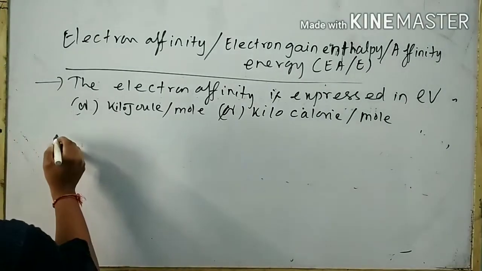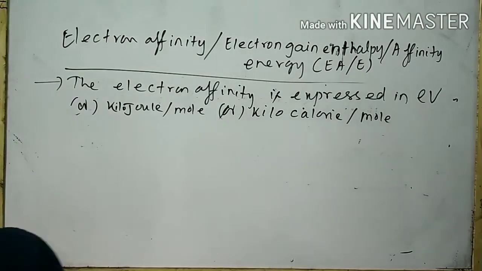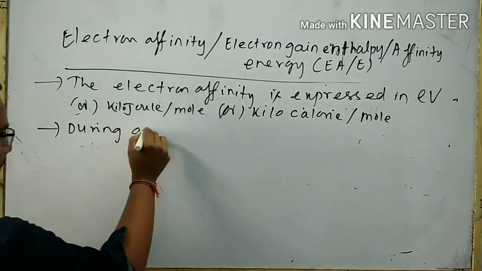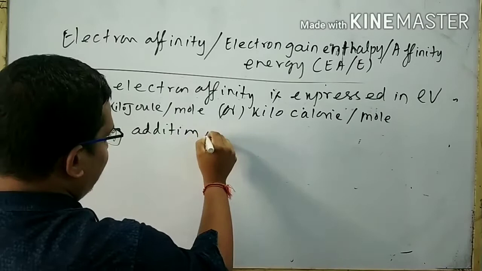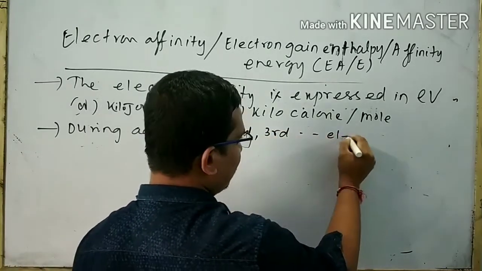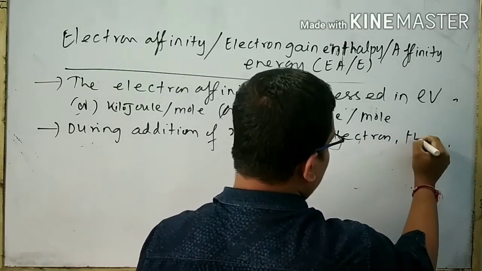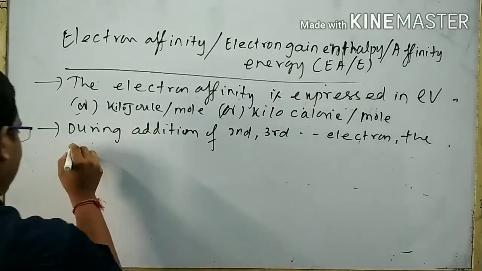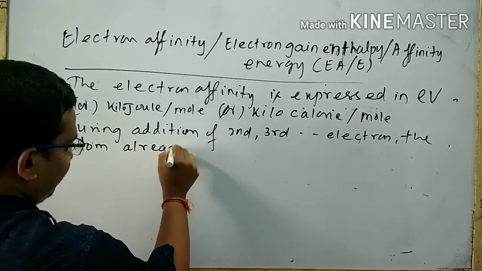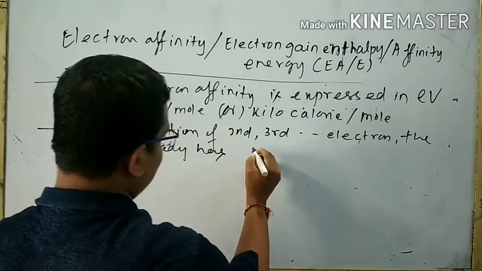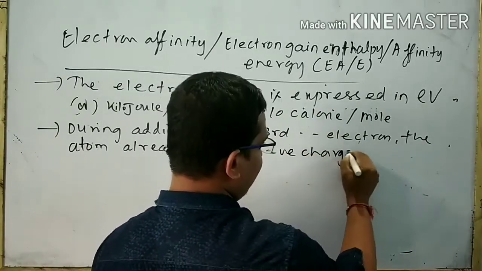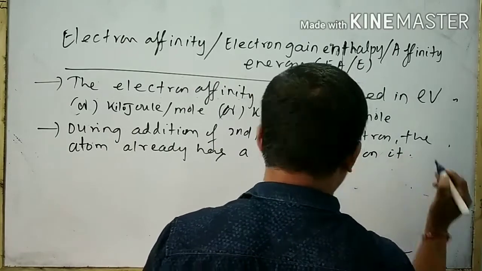So we can write a point: during addition of the second, third order electron, the atom already has a negative charge on it.